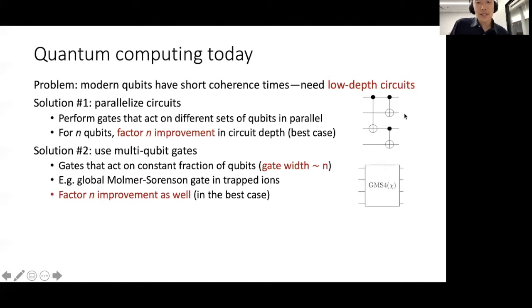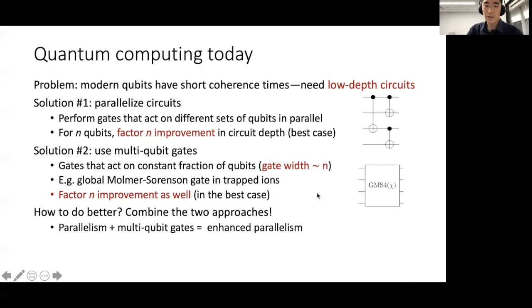Another possibility is to use multi-qubit gates. So these are gates that act on a constant fraction of the total number of qubits. And for example, these include gates such as the global Mølmer-Sørensen gate in trapped ions. And in the best case, these will give you a factor n improvement as well.